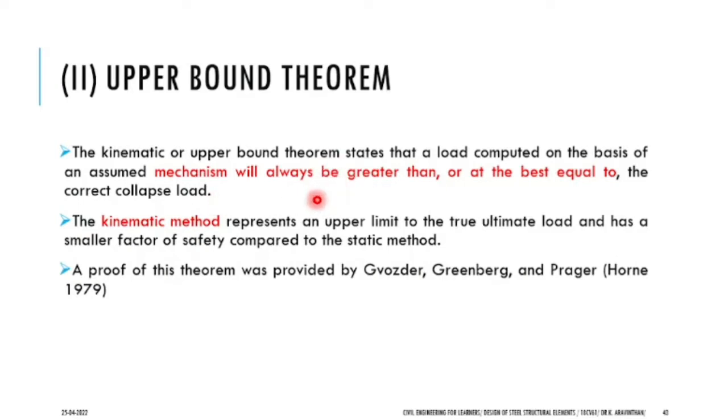It is always assumed as greater than. If the moment or the load is assumed greater than, at best equal to the correct collapse load, then it is known as the upper bound theorem. This kinematic method was also derived and identified by Greenberg and Prager.